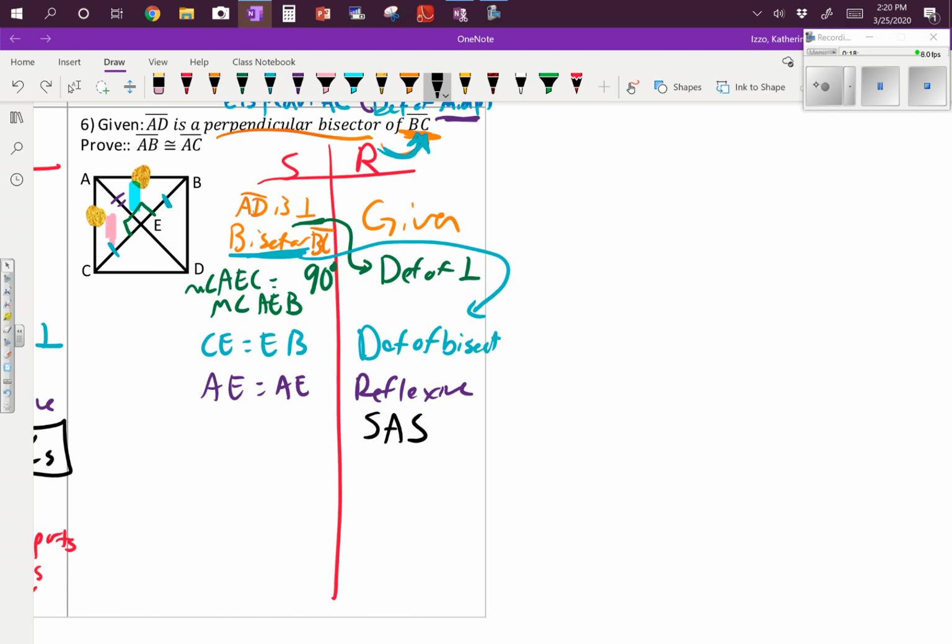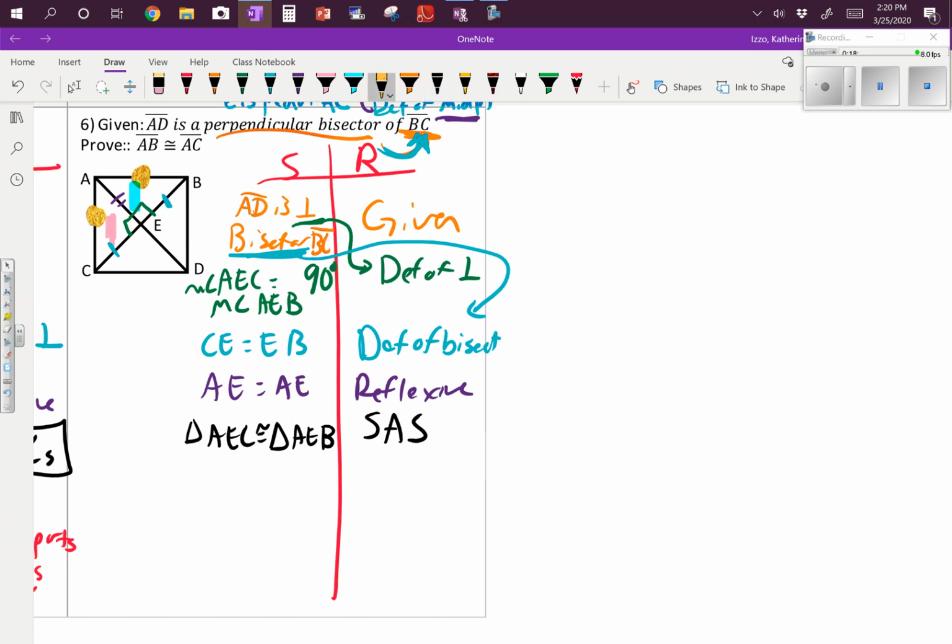So I'm going to start with triangle AEC. It's congruent to triangle. Okay, angle A matches angle A, angle E matches angle E, and angle C equals measure angle B. Okay, now I have proven those two triangles are congruent.